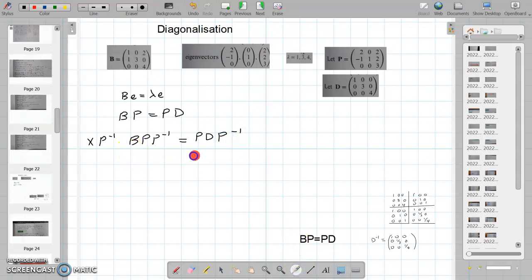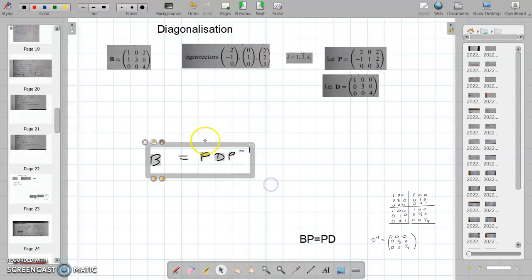So now we have an equation. BPP to the minus 1 equals PDP to the minus 1. P times P to the minus 1 is just the identity matrix. It cancels out. So we have B equals PDP to the minus 1.